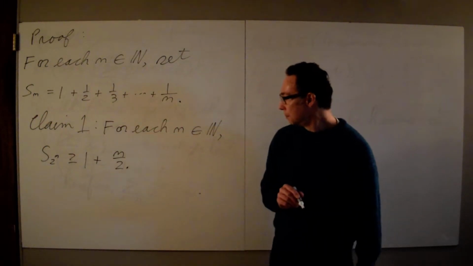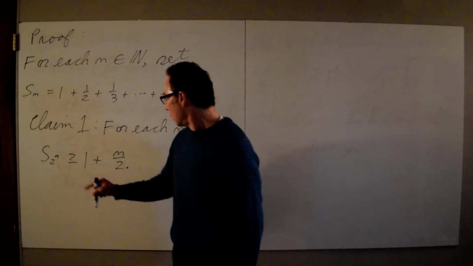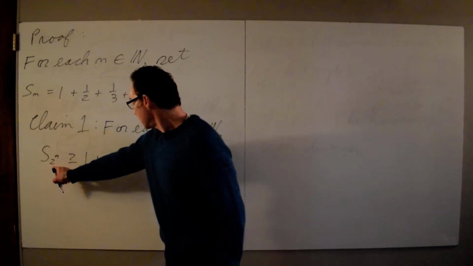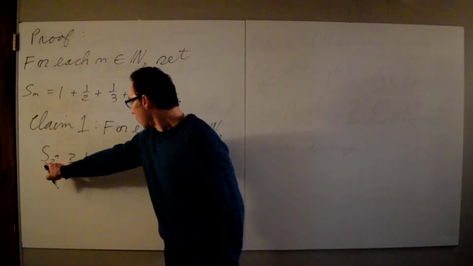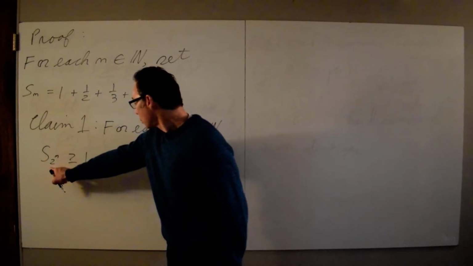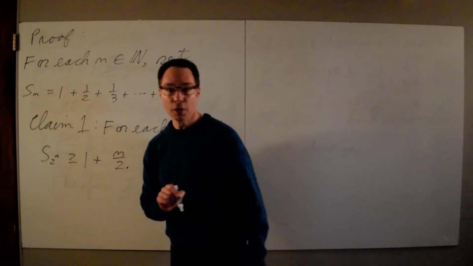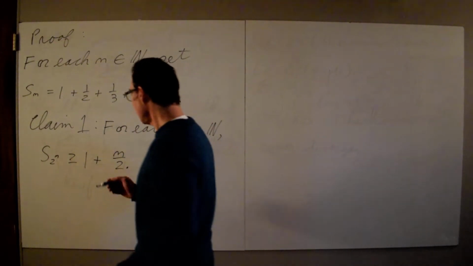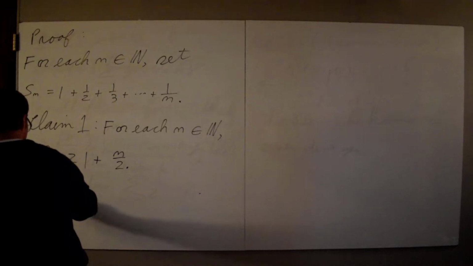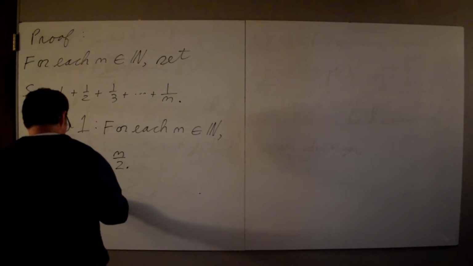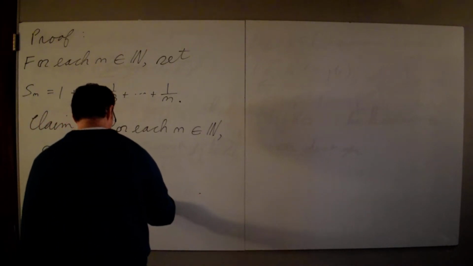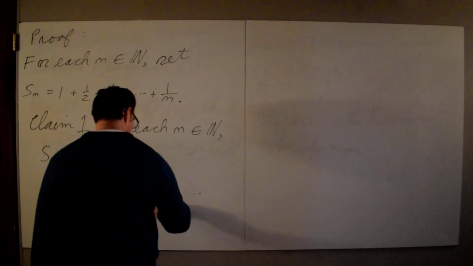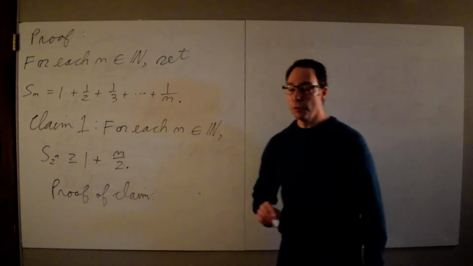This is our claim. So we're not proving something about every single partial sum. We're just proving something about the partial sum where the index is 2 to some natural number. And our proof of the claim is by induction.